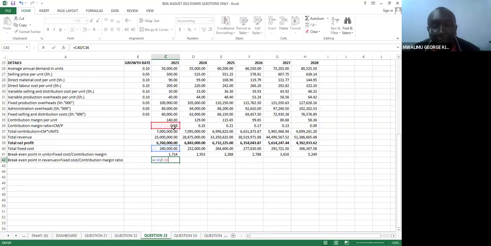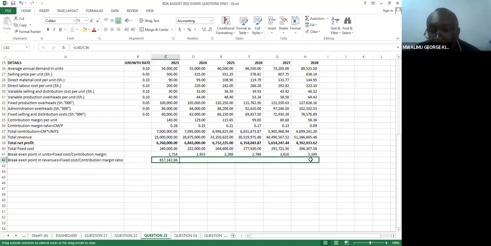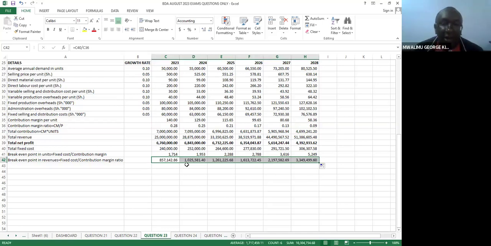Then you press enter. Now this one, you copy all the way to here. So revenue, we can also remove the decimals. Let's remove decimals, that way.